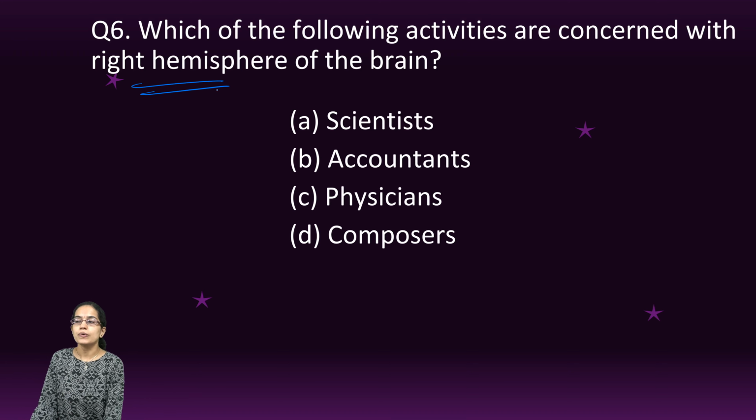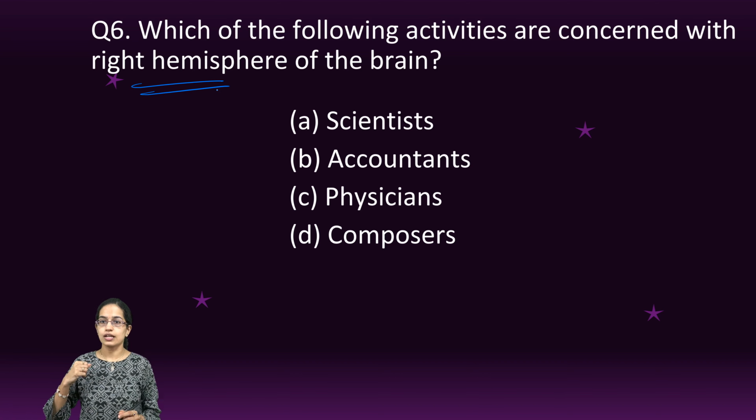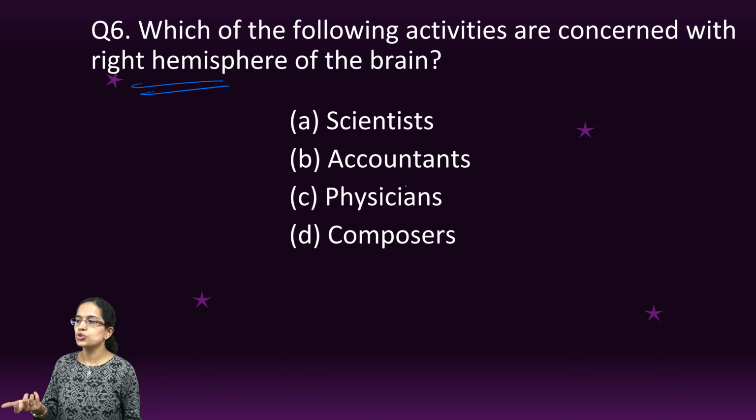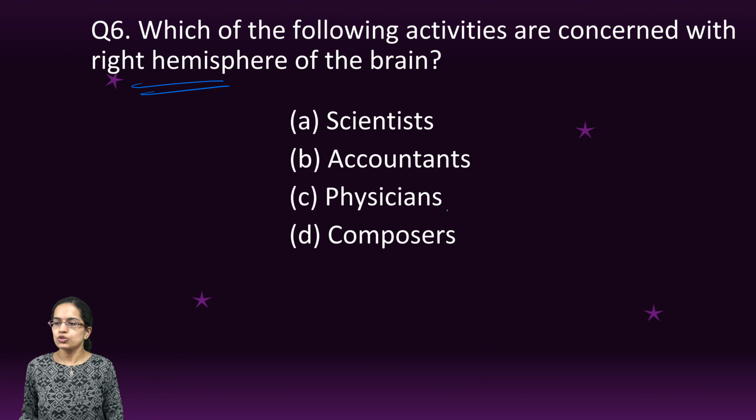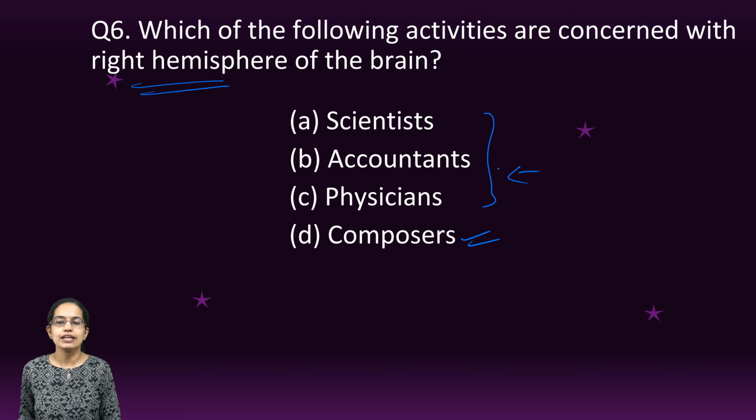However, the right hemisphere controls your left hand, and people who are creative with music, or let's say composers, artists, usually have a sound development of the right hemisphere. So you would have composers as the right option, the rest deal with the left hemisphere.